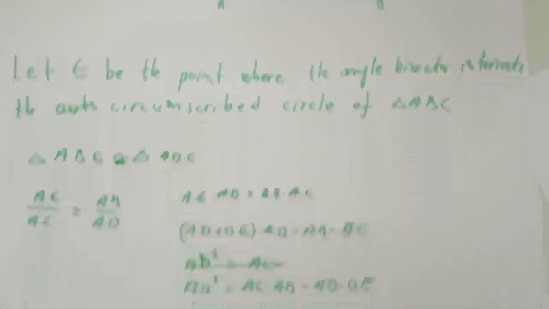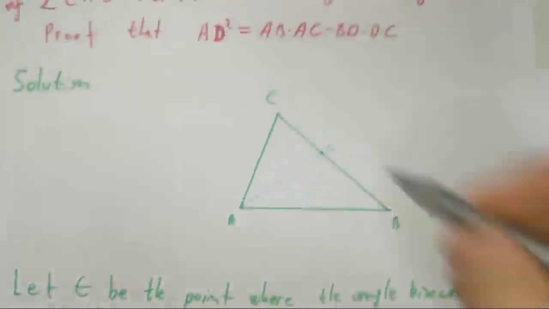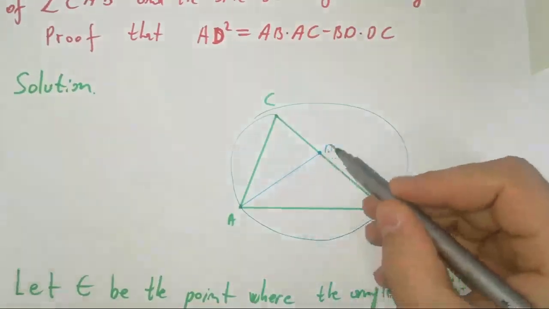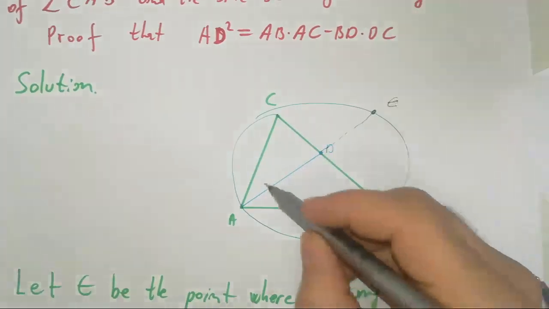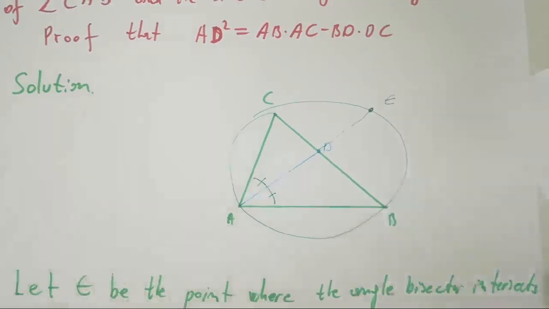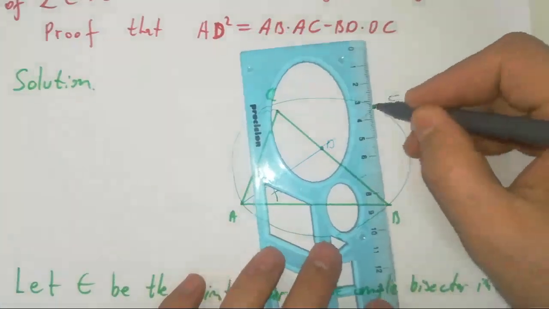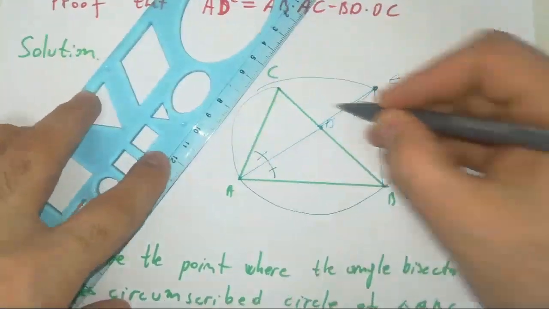All right, let's show this part, because these two triangles ABE and ADC, I didn't draw here the circumscribed circle. Let's say it's this one. We said continue this line till here and denote this point with E. Because this was the bisection, these two angles are equal. And this angle is equal to this angle.